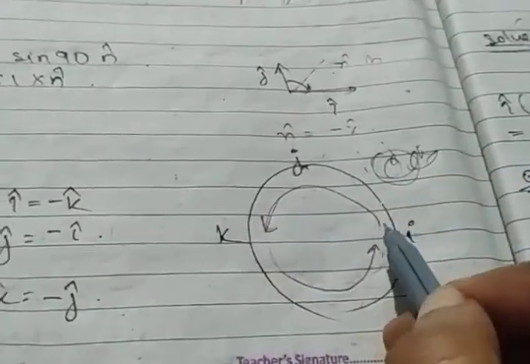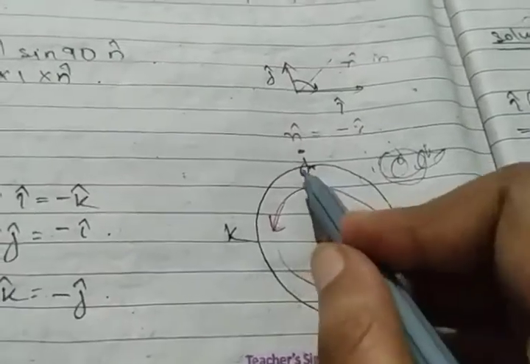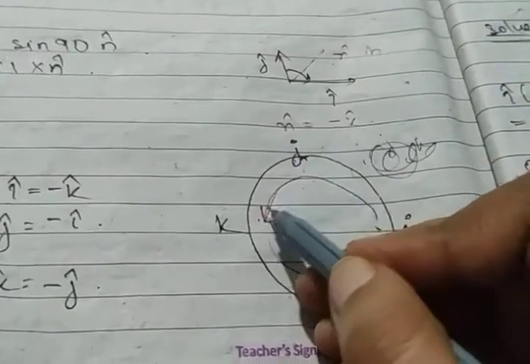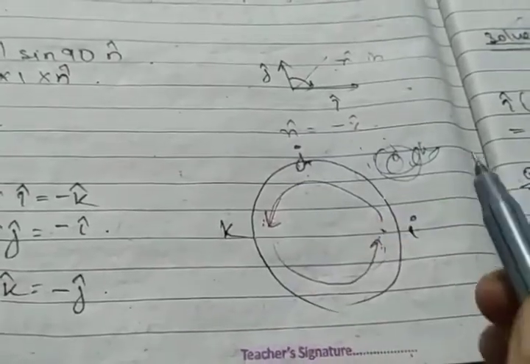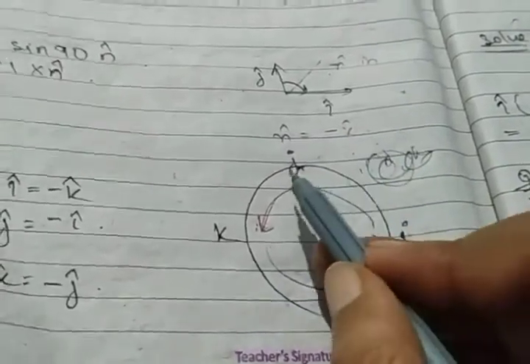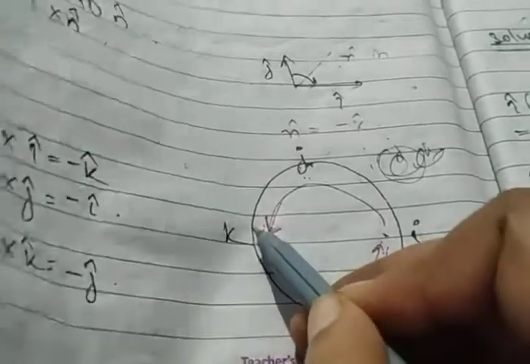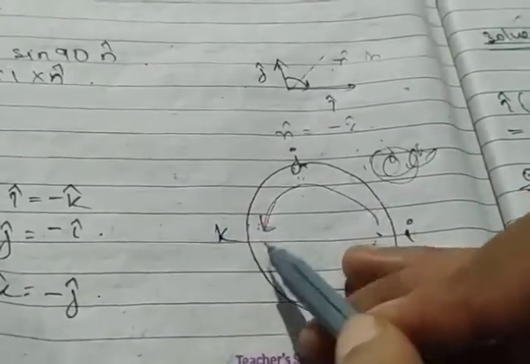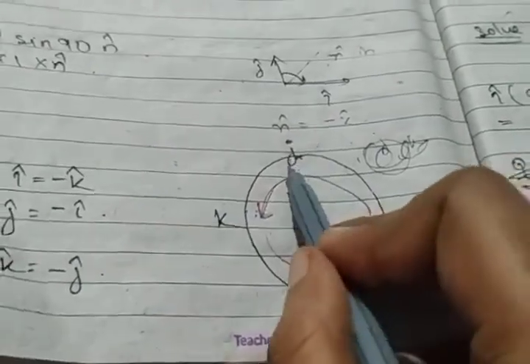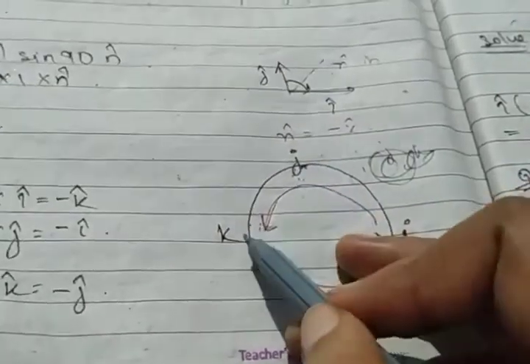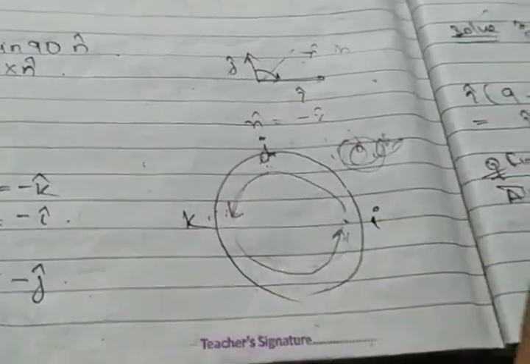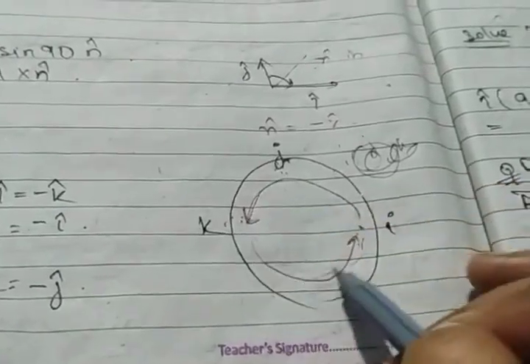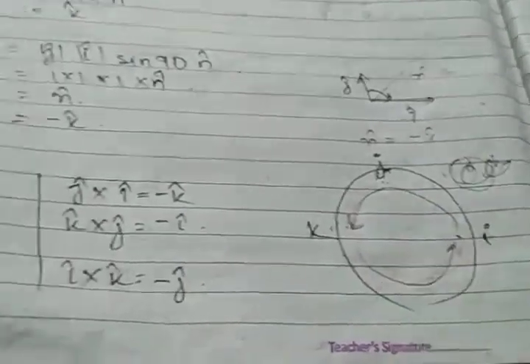So we just have to remember that i and j will give me k, j and k will give me i, k and i will give me j. Similarly, if I go the other way, j and i will give minus k, k and j will give minus i, and i and k will give minus j. So in this direction positive values, in this direction negative values.